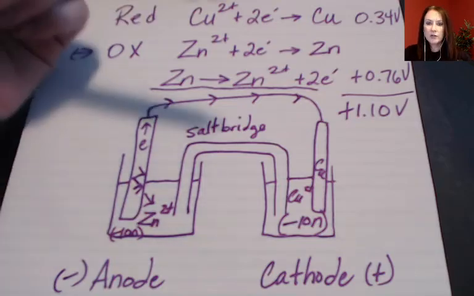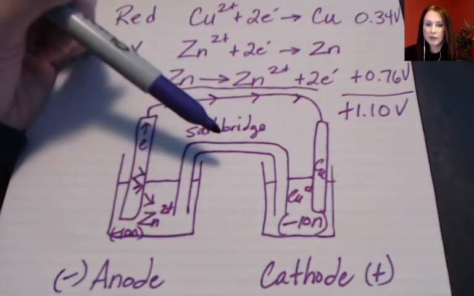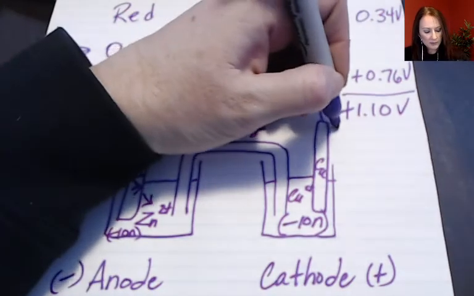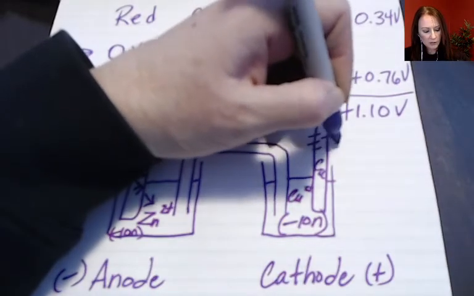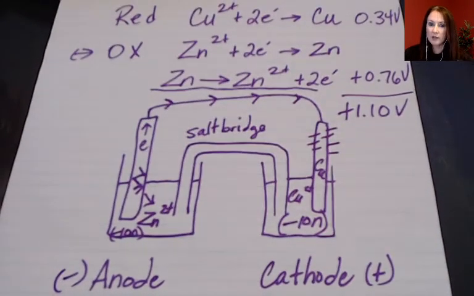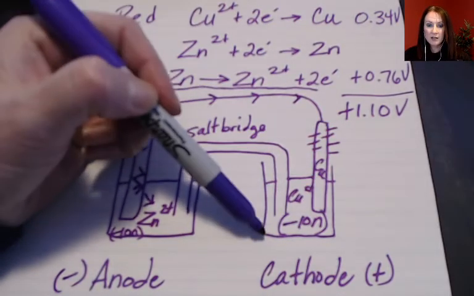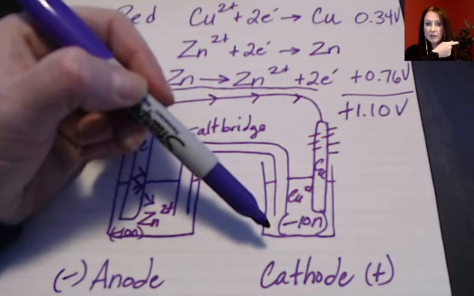Now, as your electrons are going from your anode to your cathode, they are building up a negative charge on your cathode side. And it forces the negative ions that are in this solution the other direction.